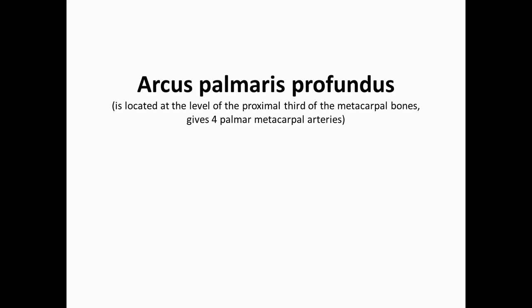It would be good to say that arcus palmaris profundus is located at the level of the proximal third of the metacarpal bones, and it gives 4 palmar metacarpal arteries. So arcus palmaris profundus serves for blood supply of the 4 palmar metacarpal arteries.